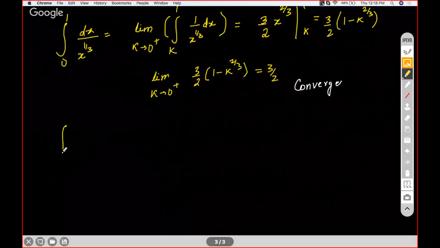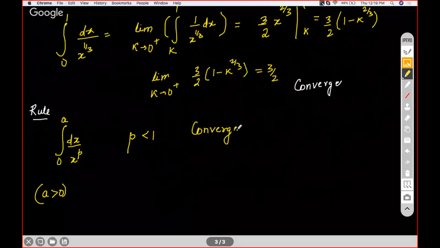If you are integrating any integral of the form 0 to a, dx by x to the power p, where a is some quantity which is positive, then if p is less than 1, this given integral will converge, and if p is greater than or equal to 1, then this given integral will diverge. And exactly as you pointed out, Aditya, it is the opposite of the previous one. Is that fine?